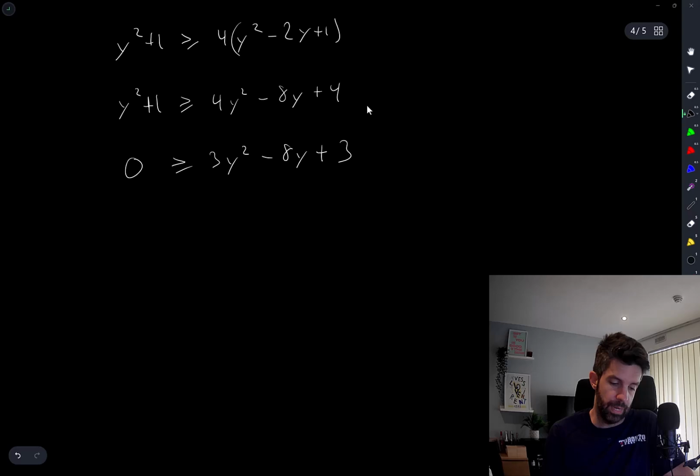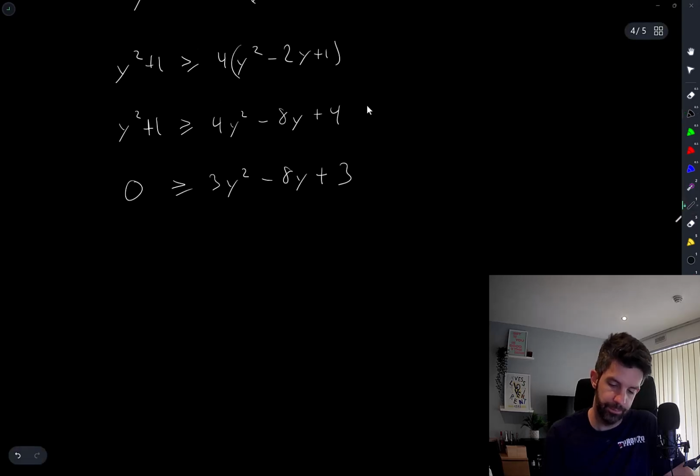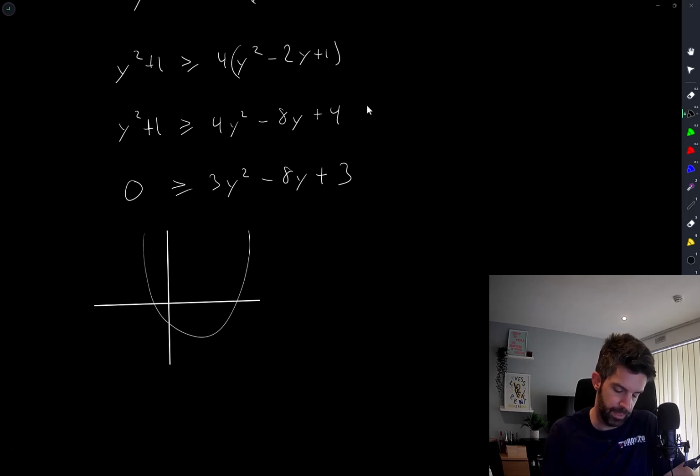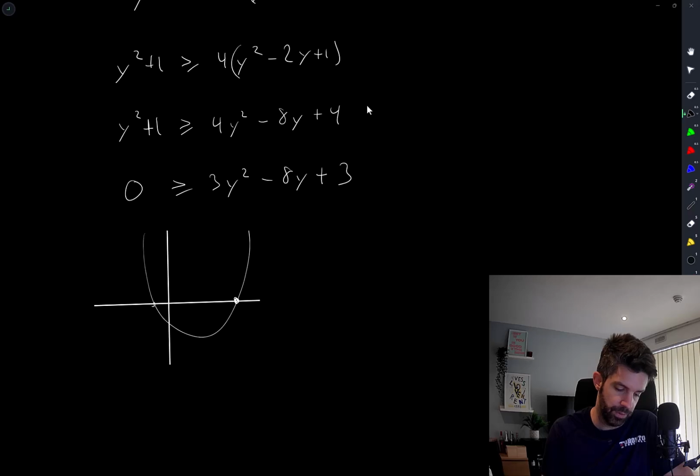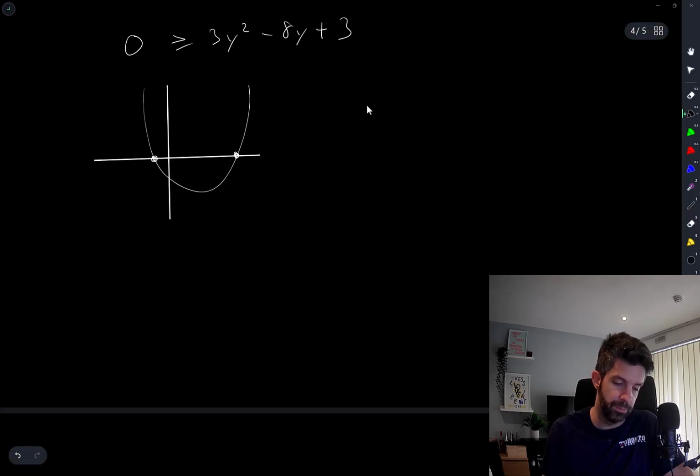Okay, so I have a parabola which opens upwards because the coefficient is positive. And we want to find all values of y where this is true. So we just have to find the roots of this parabola, and we know that y will be in between them.